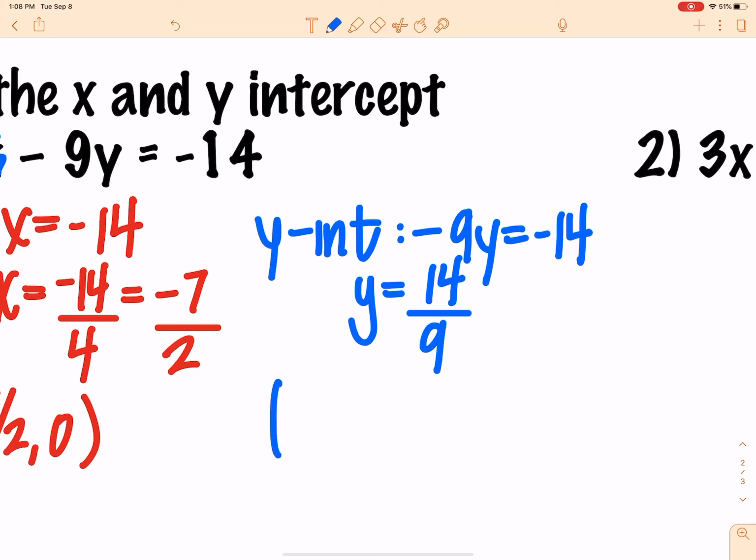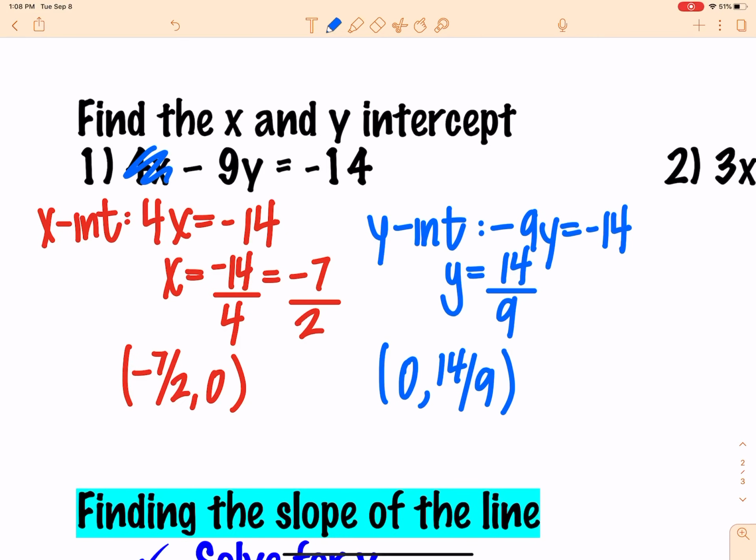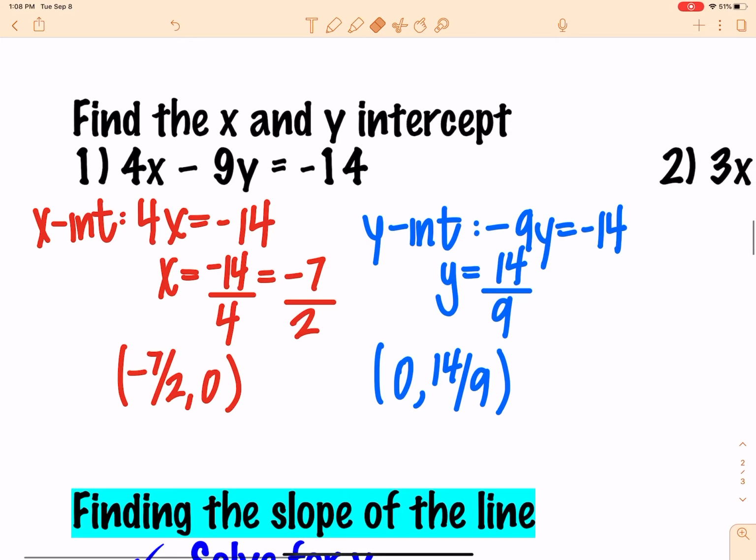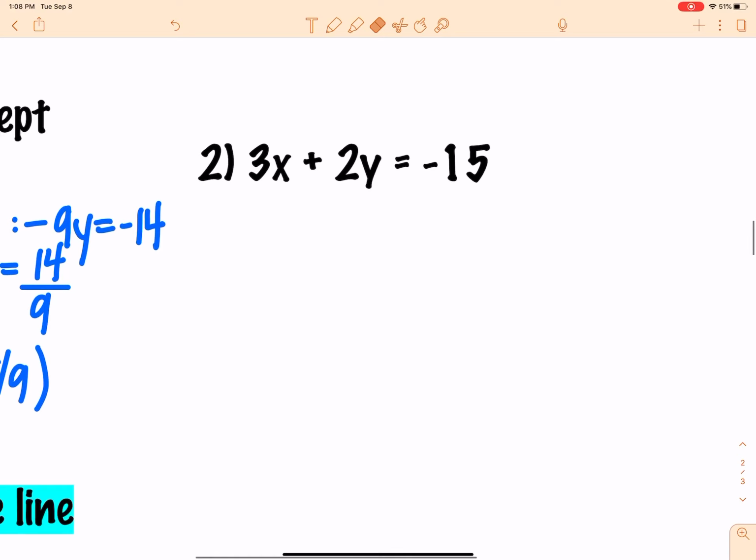And then as a coordinate, it would be 0, comma 14 over 9 as my y-intercept. Okay, and then if you were to graph this, for example, I could just graph my x-intercept and my y-intercept and then connect the dots, and I would have a line. So there are multiple ways to be graphing equations. All right, number 2.